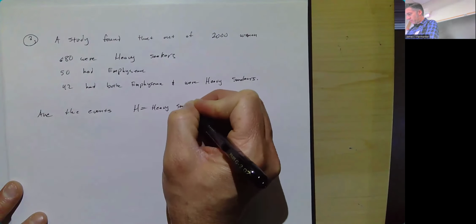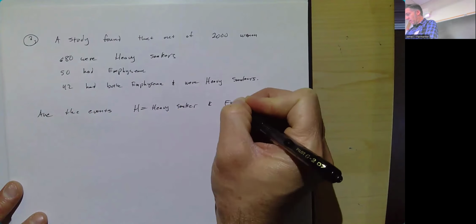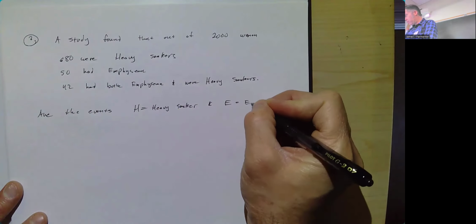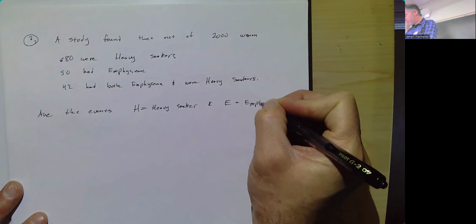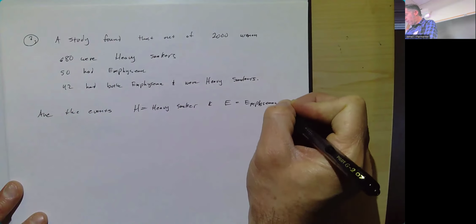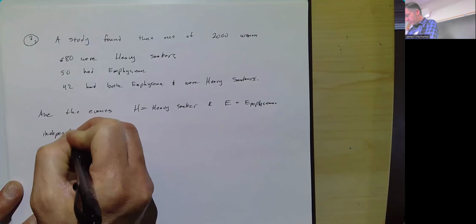So the question we want to answer is, are the events H, being a heavy smoker, and E, having emphysema, independent?